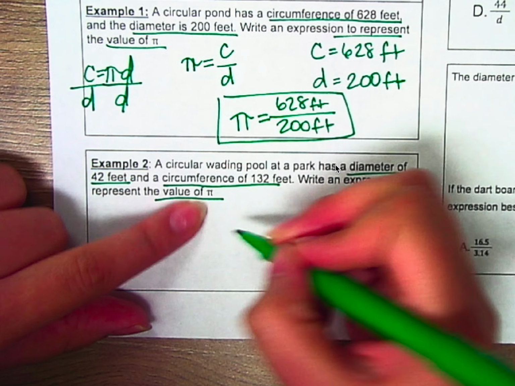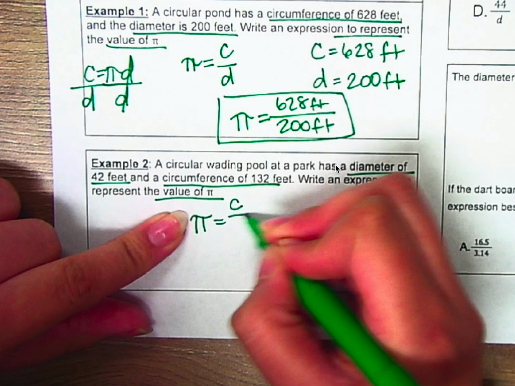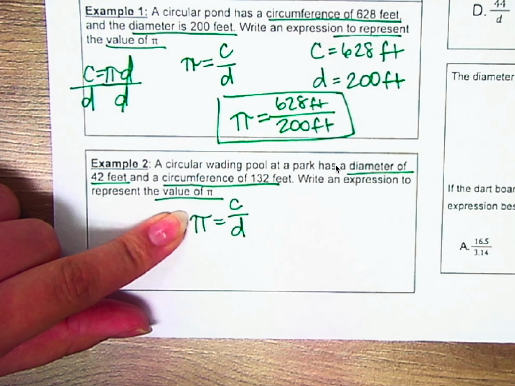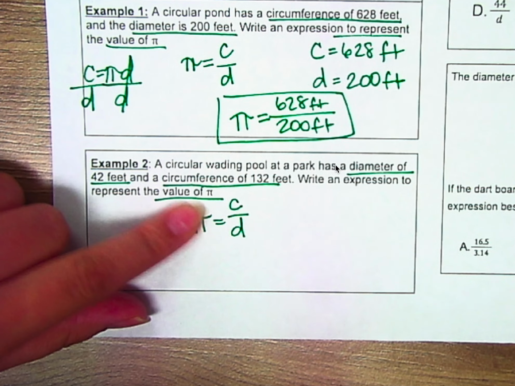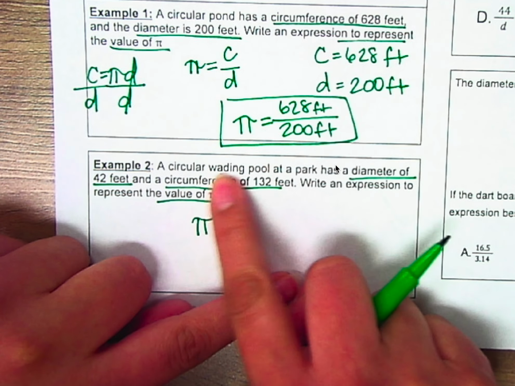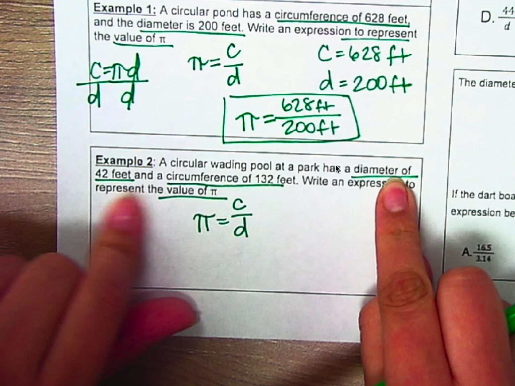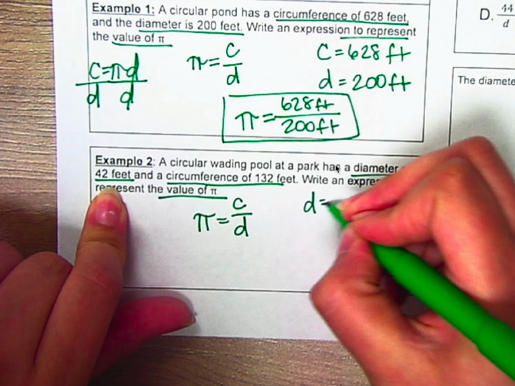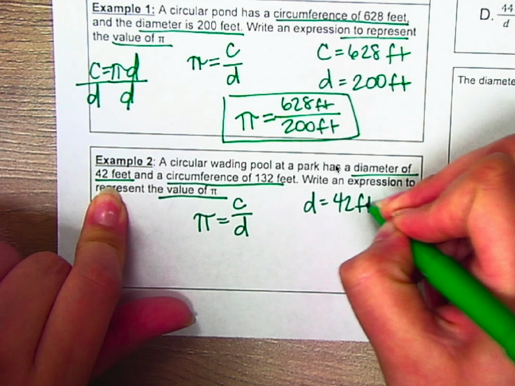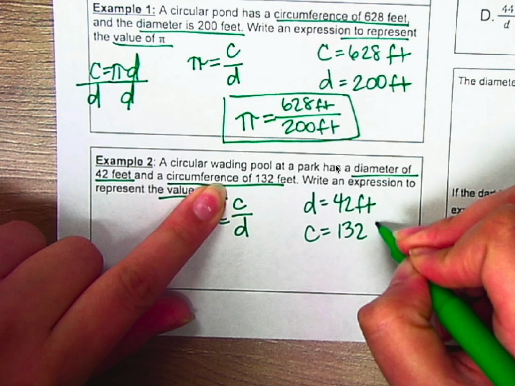So if we're looking for pi, my formula is pi equals C over D. Okay. Pi is equal to C over D. Now, I need to pull the information and write it down. So they told me the diameter is 42 feet. Diameter is 42 feet, and the circumference is 132 feet.